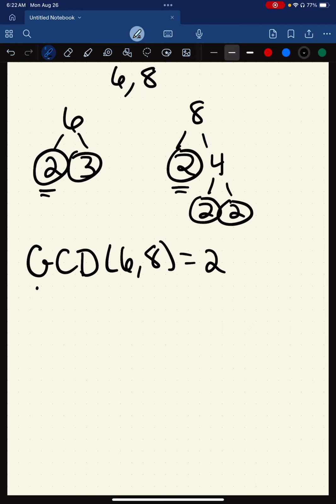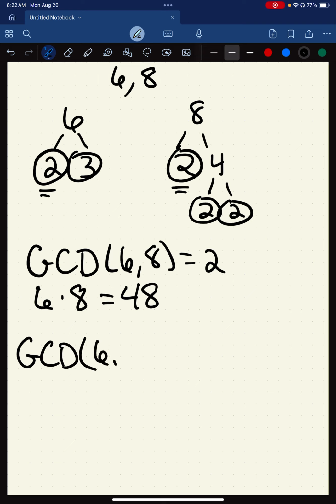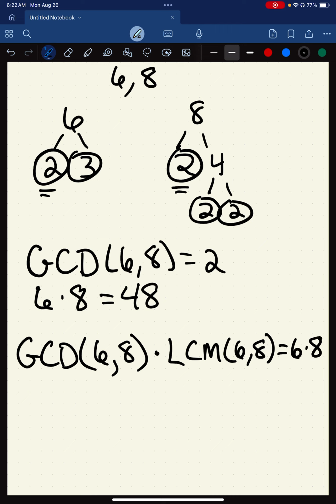The product of 6 and 8, 6 times 8, is 48. And there's this really cool fact that the GCD of 6 and 8 times the least common multiple of 6 and 8 is going to be 6 times 8.